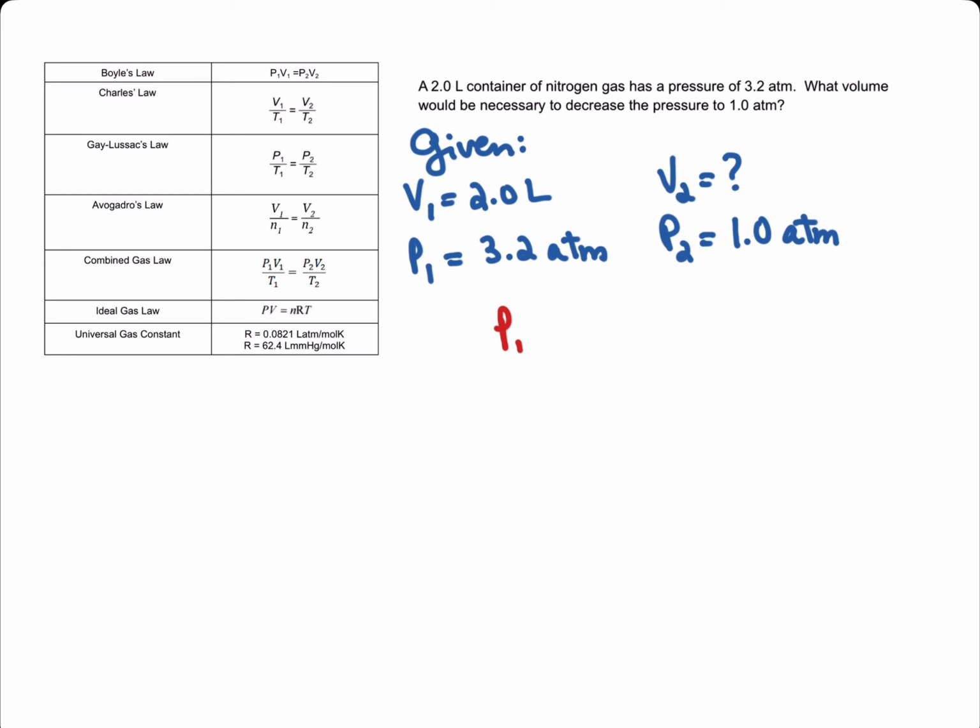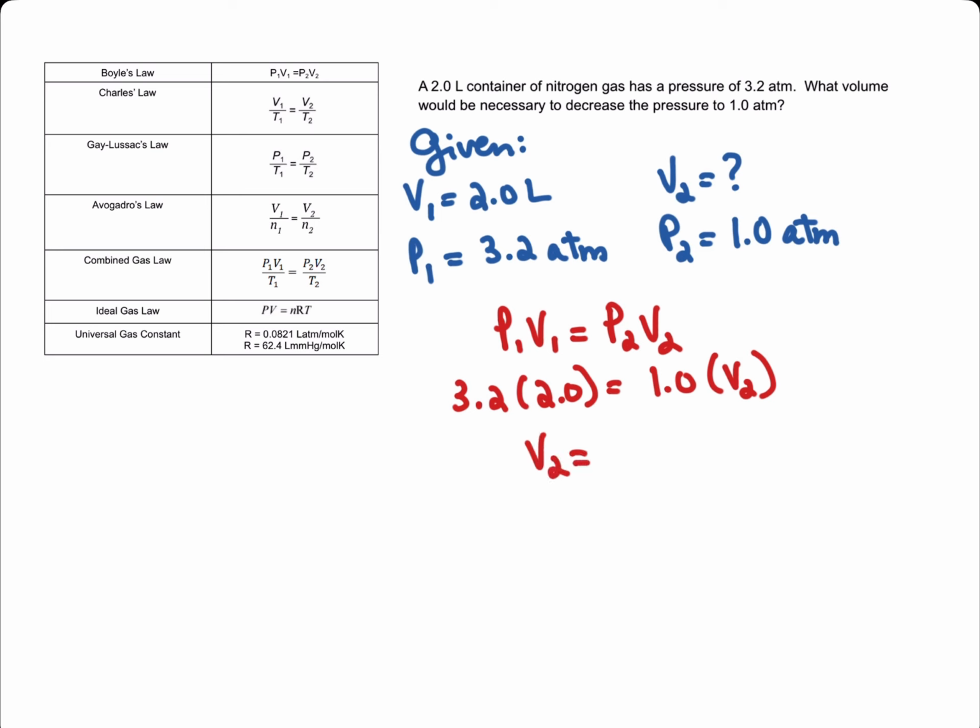So we're going to write down the formula and then plug in our numbers. We're going to solve for our second volume. So our V2 is equal to 6.4 liters.